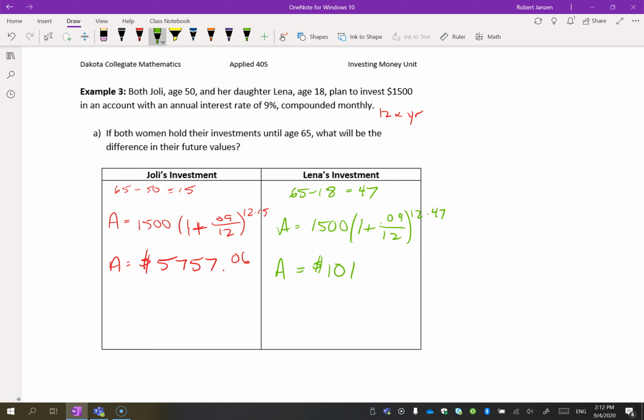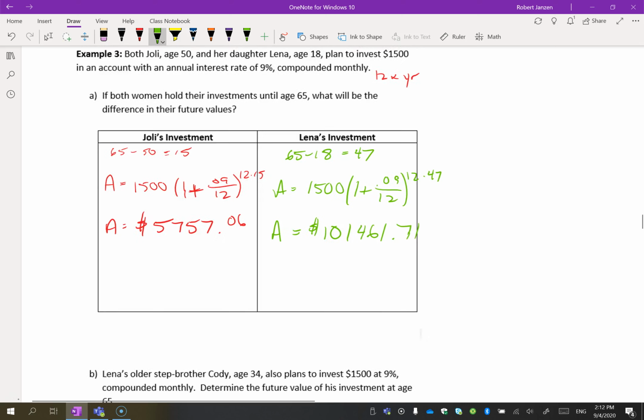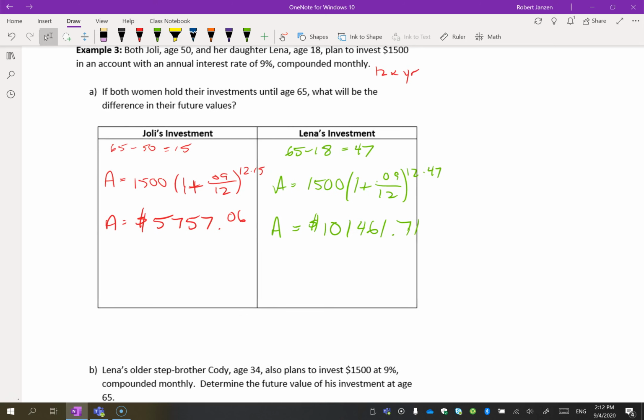Well, this is a little bit crazy. It's a lot of money. $101,000. The moral of the story is try to start saving now.